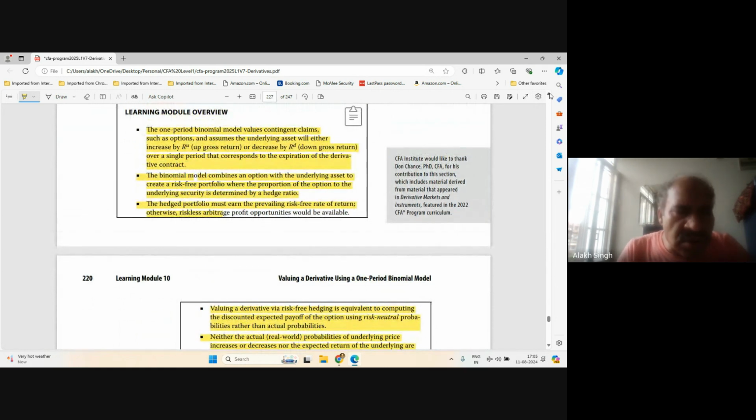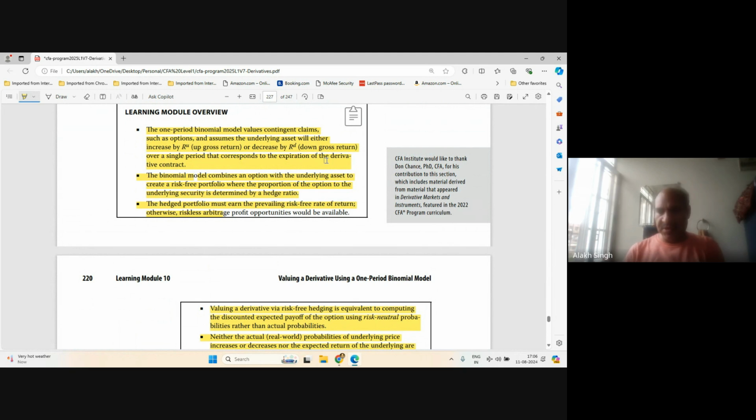So the first thing is that the one period binomial model values contingent claims, which are options, not the forwards and futures. For swaps we had seen, and for forwards also we had seen the valuation, that it is the risk-free rate, and for futures also it was the risk-free rate.